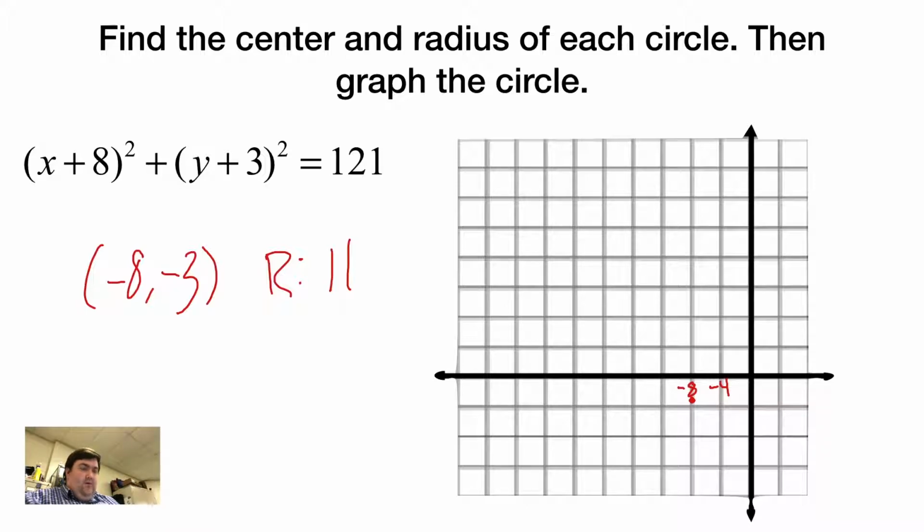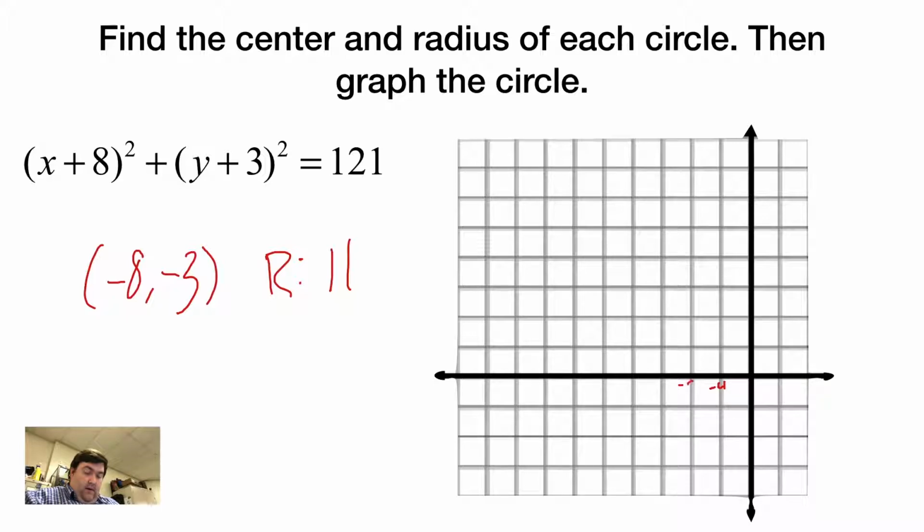You know what? Rather than doing that, I'll go by 3s. Negative 3, negative 6, negative 9, meaning this is our point. So 3, 6, 9, 11, 3, 6, 9, nope, I can't do it that way. It's going to have to be 4s.